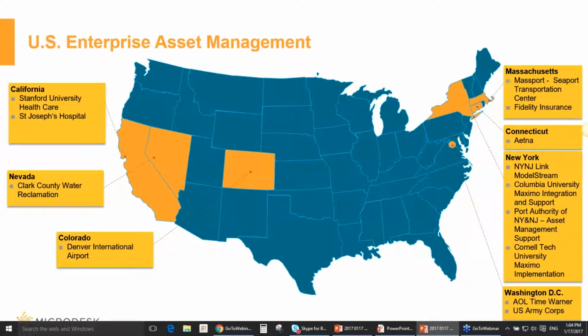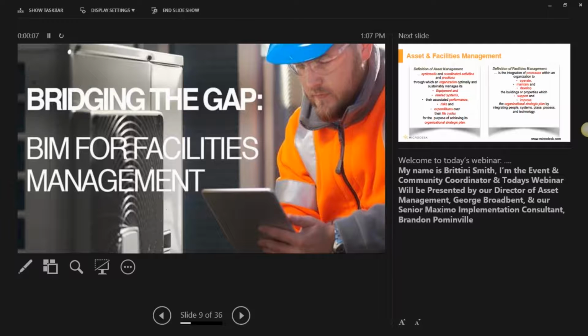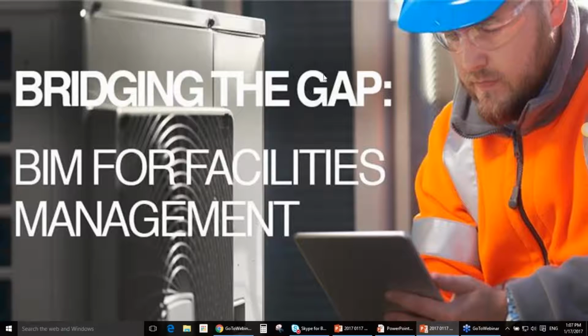We're using the latest technologies to address operational issues using BIM and understanding the strategic impact that BIM has on facilities operations. What we're talking about today is bridging the gap between BIM and facilities management, and how do we go from a BIM model, a 3D model, into facilities management, and why do we need to do this?